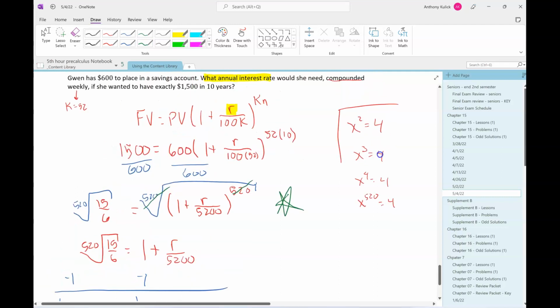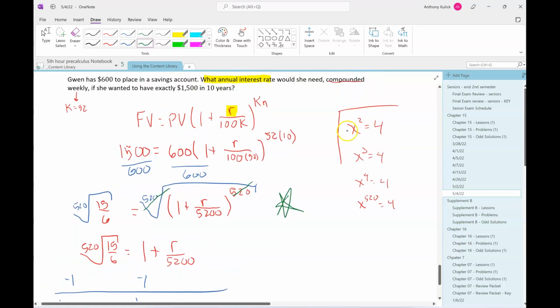Okay, let's go back to this little piece over here. If I solve x squared equal to 4, I square root both sides, right? What would my answer be? Plus or minus 2, right? If I cube root both sides, my answer is just cube root 4.